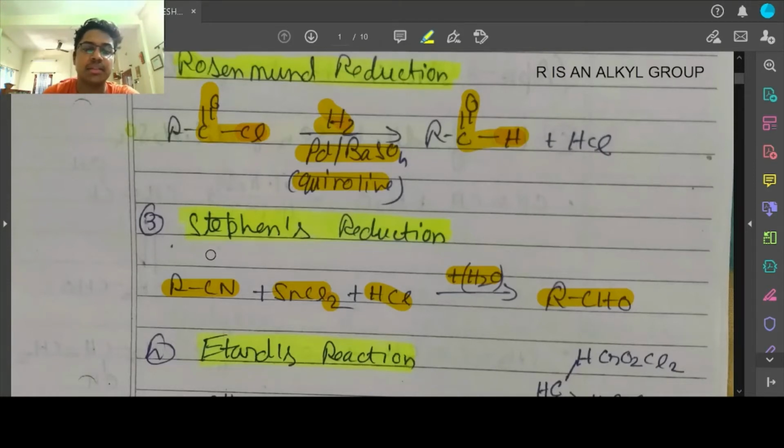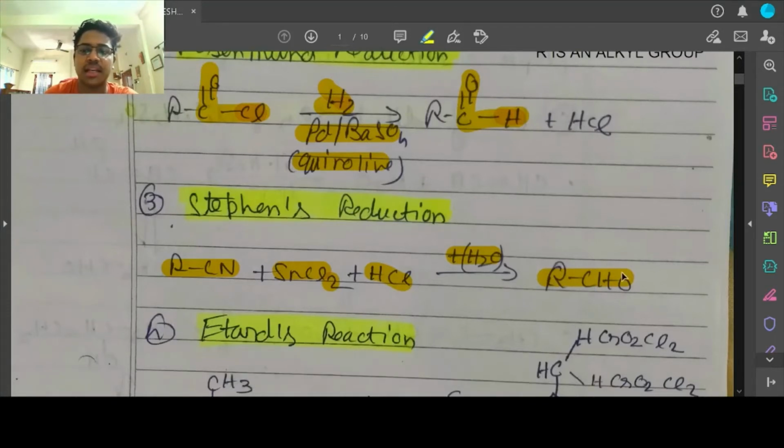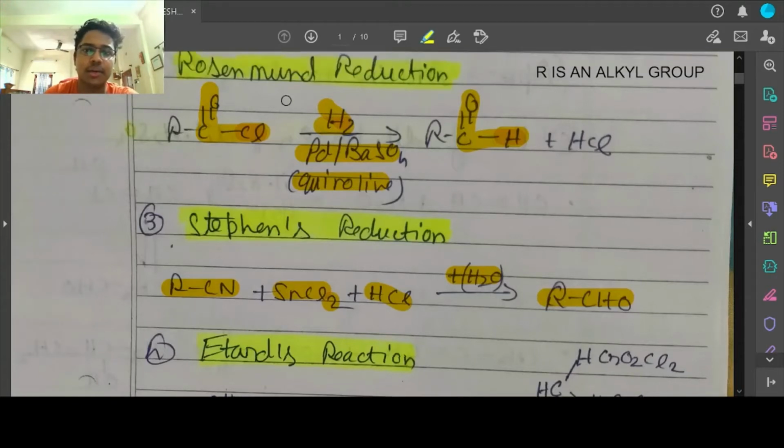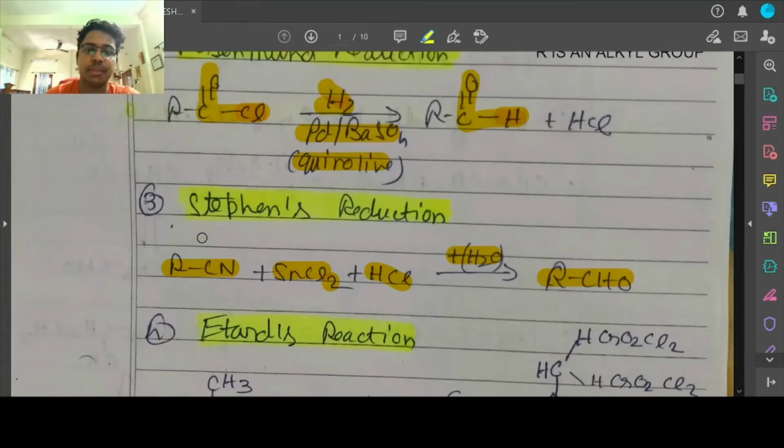In the Stephen reduction, RCN plus SnCl2 plus HCl plus H2O gives RCHO, an aldehyde. Cyanide to aldehyde in Stephen, and chlorine to hydrogen in Rosenmund. Important, remember this.